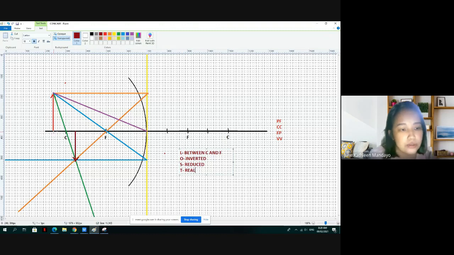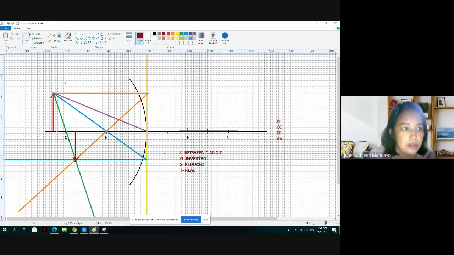So, this is how images are formed in a concave mirror, with the object beyond C, or beyond the center of the mirror. Okay? So, I have also here a simulation so we can see better drawings, better illustrations for you to use as references to identify how these images are formed in this concave mirror.